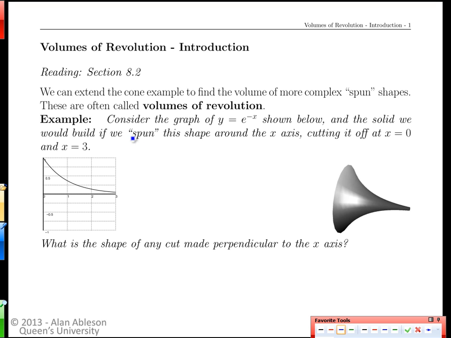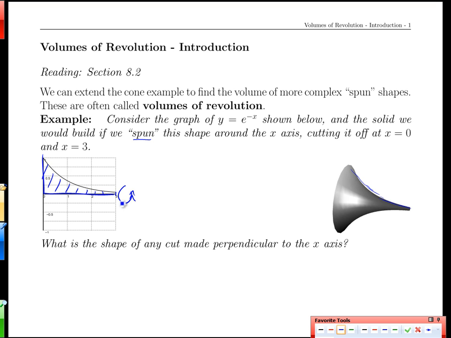We're going to spin that graph, using the x-axis as a boundary, x equals 0, and x equals 3 as boundaries. If we did that, we would get this funnel type shape. It would be solid, and it would come from this exponential decay curve, just being spun around the x-axis.